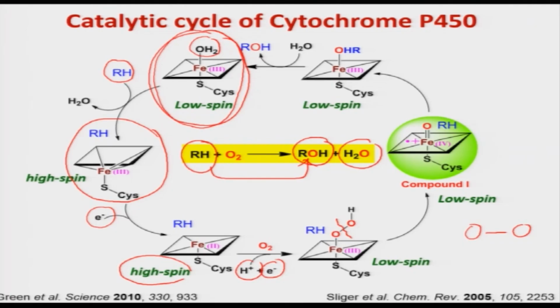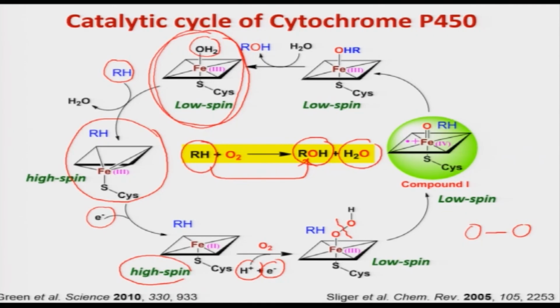So, all these molecules are getting hydroxylated, and we can use this iron 4 oxo cation radical for various catalytic applications in the laboratory as well, since this is a highly reactive and very strong oxidant.